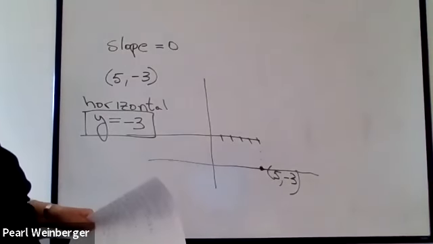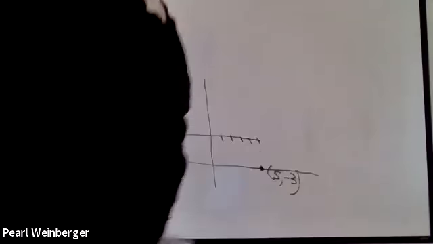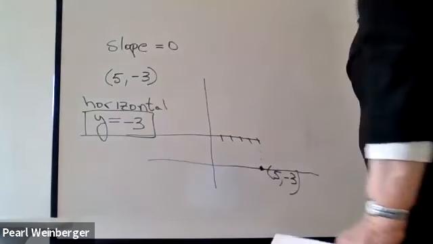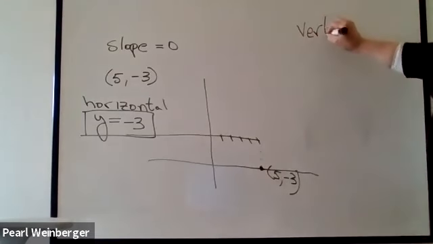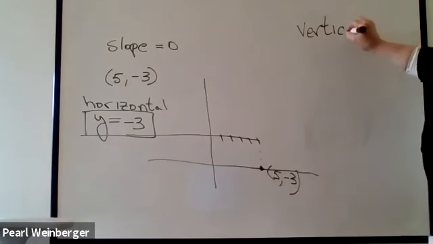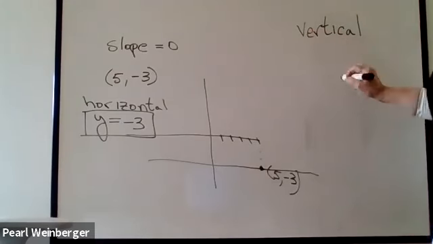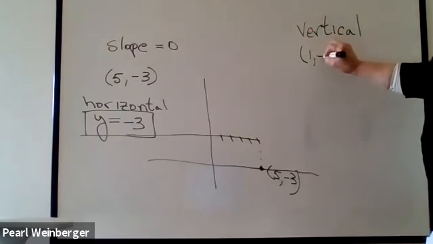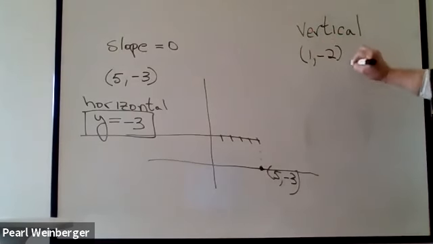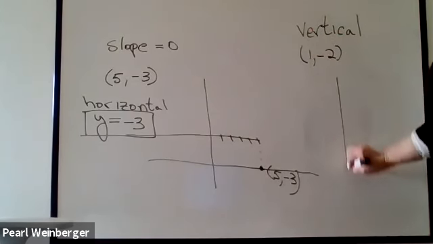Equally, they could talk about, what about a line that is vertical? What if they told me I have a vertical line through the point 1, -2? Well, let's see what that would look like.